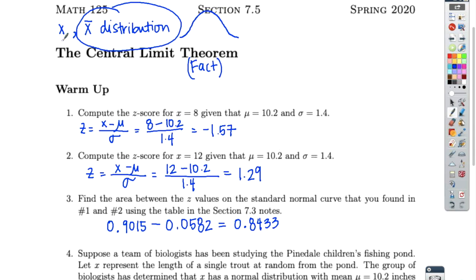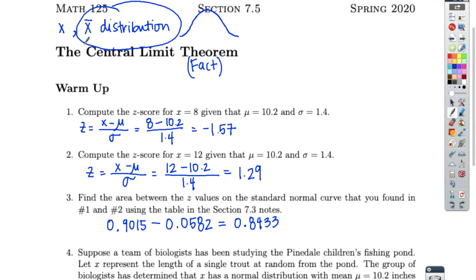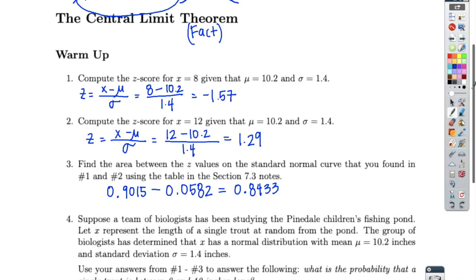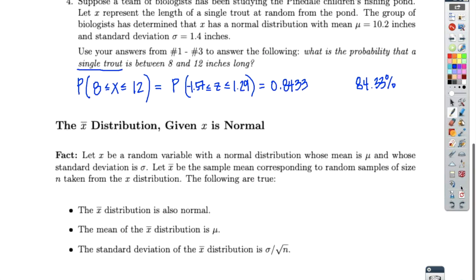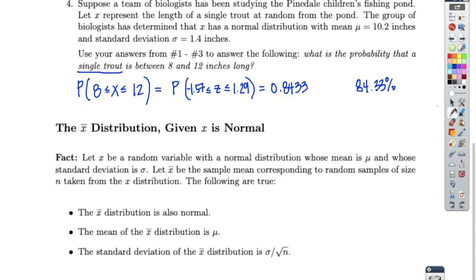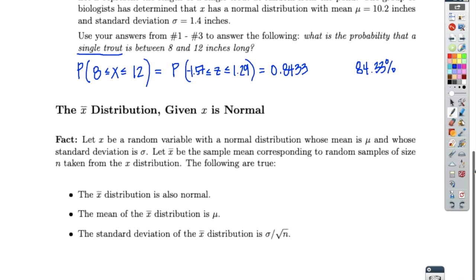And so we weren't asking about the length of a single one of their fish. We were asking, what's the average length of the 5 that they caught? What happens if you add up all the lengths of the 5 and then divide by 5? So we were talking about x bar, the x bar distribution, rather than the x distribution. And all of this stuff that we just did is only about x. So we're going to modify that in just a few minutes.